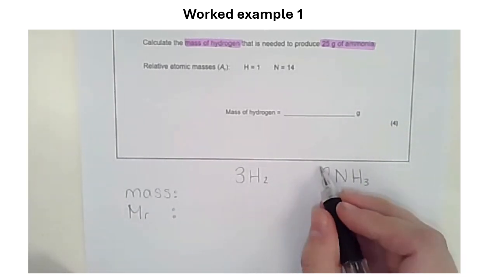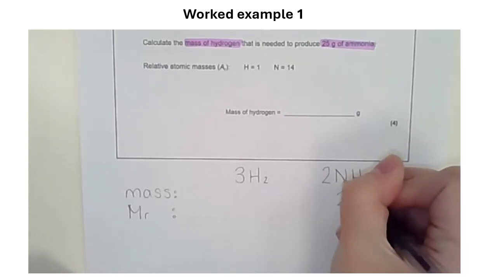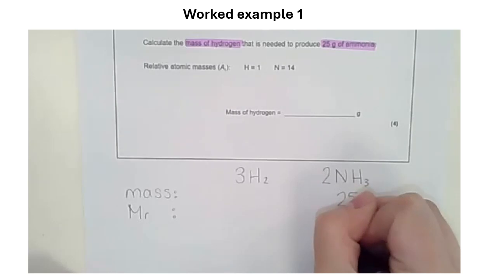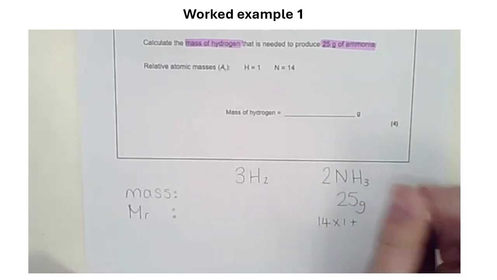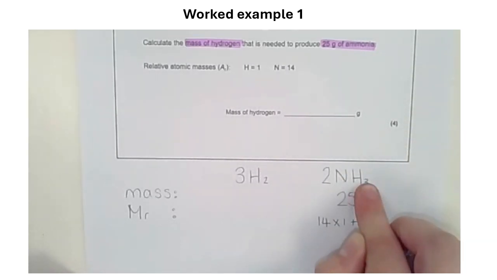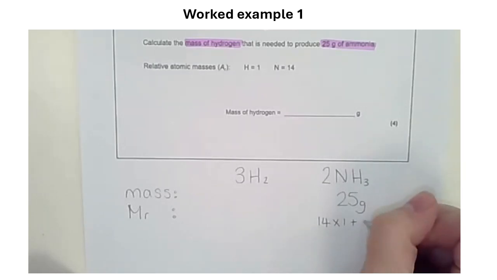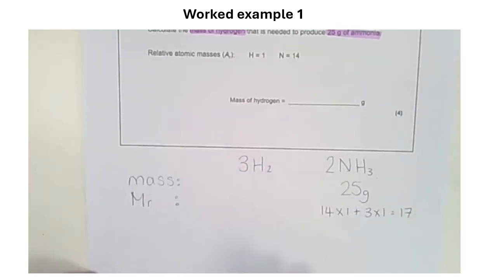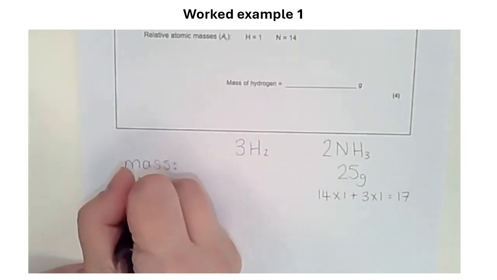I'm ignoring the 2. So my nitrogen, I've got 1 nitrogen, so it's 14 times 1, plus my 3 hydrogens, so it is 3 times 1. That's going to give me a relative formula mass of 17. Okay? And with that, I can start to now think about moles.